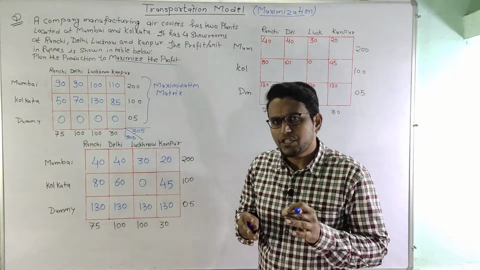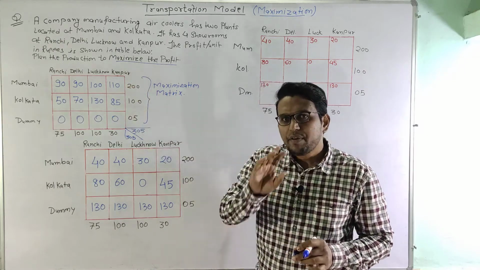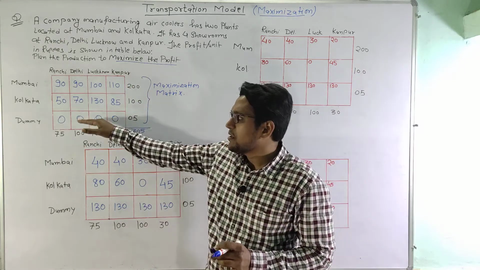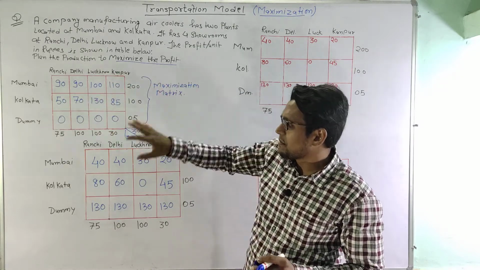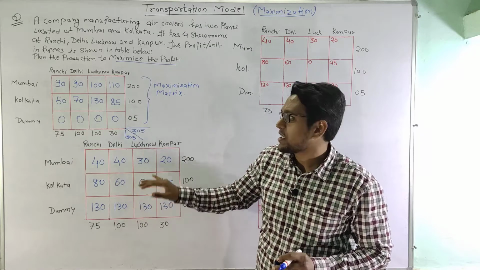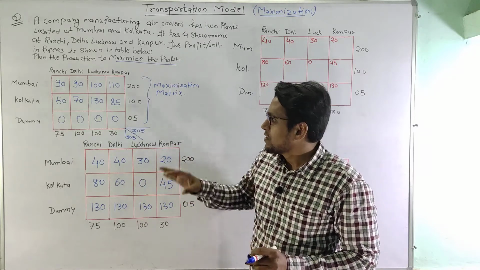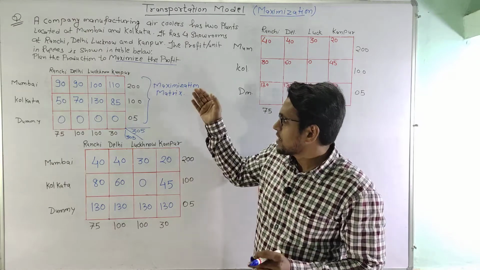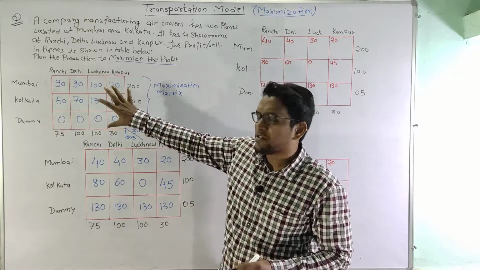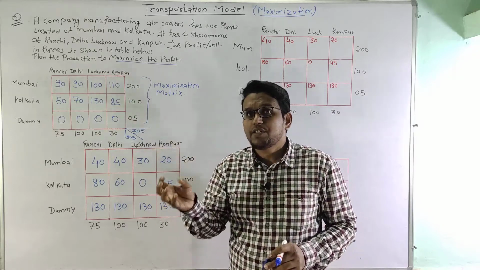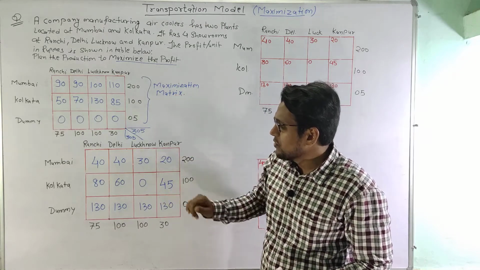We need to make sure that whenever we have an unbalanced type of problem, we will always add the dummy row or a dummy column first, and only then convert the maximization problem into minimization. Otherwise our solution will not be correct. So whenever we are converting maximization into minimization, if our problem is of unbalanced type, first we need to convert it into balanced type, then convert the maximization matrix into minimization.